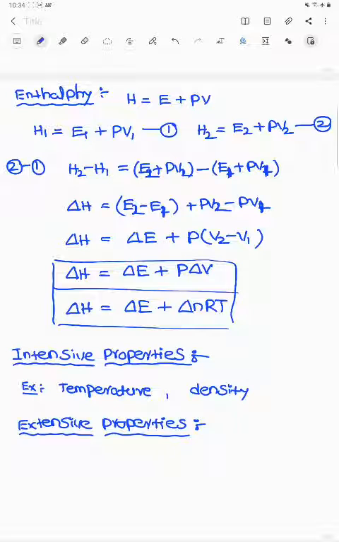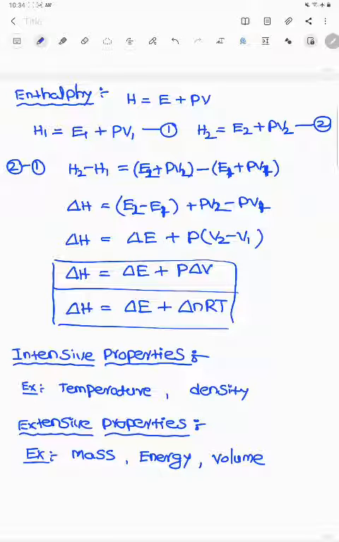Intensive means the properties which are independent of the amount of the substance present in the system. Example: temperature, density.